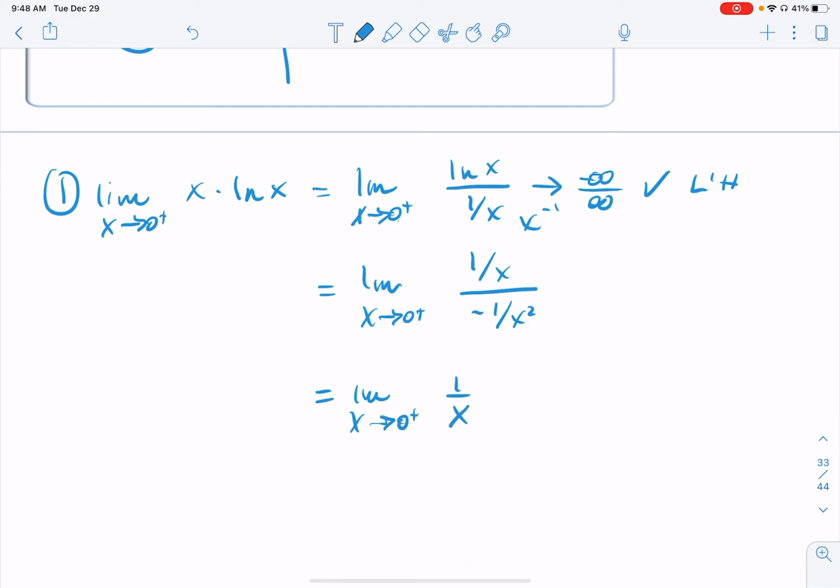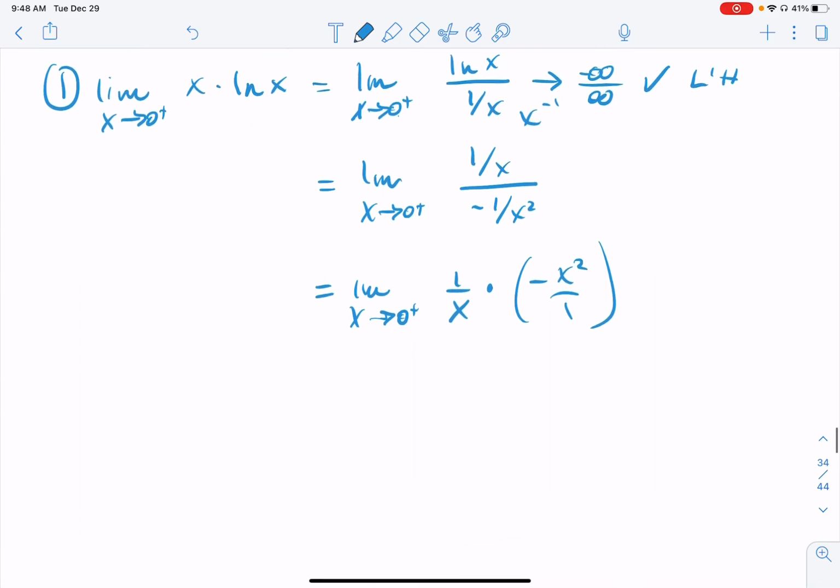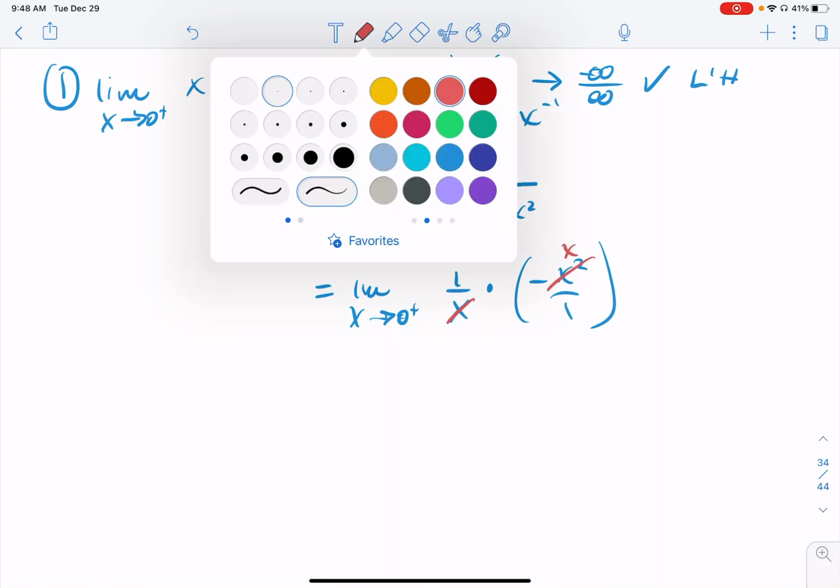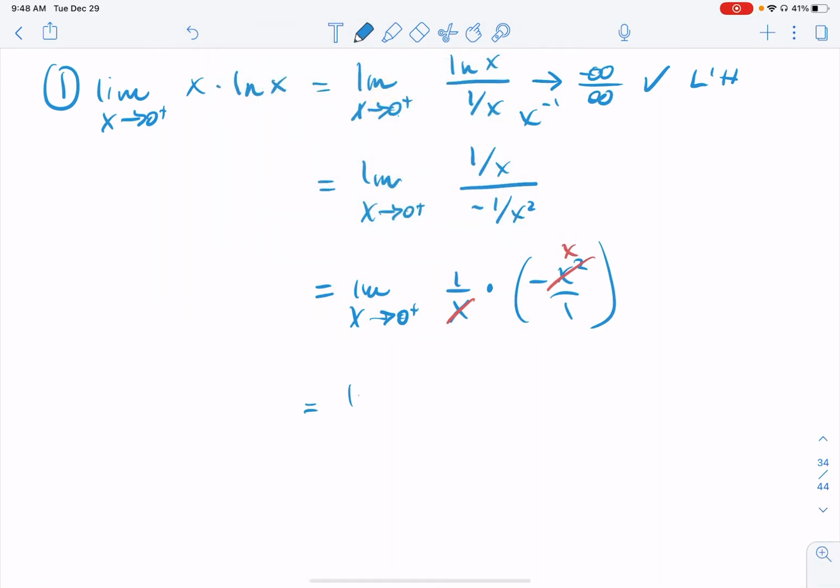This is 1 over x divided by a negative 1 over x squared, which is the same thing as times the reciprocal, so negative x squared over 1. Then I can cancel an x, and that just leaves an x here, which is equal to the limit as x goes to 0 from the right of just a negative x, which is equal to negative 0, or, if you want to, just 0.